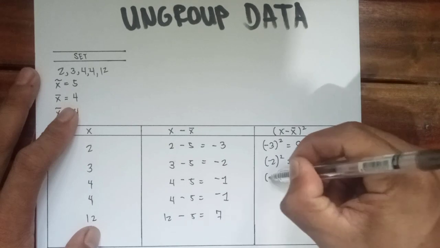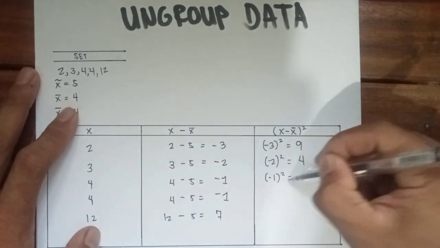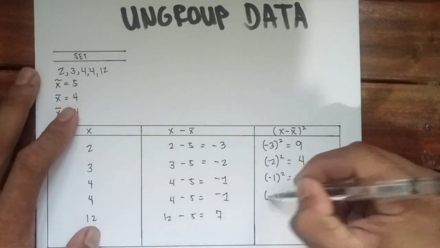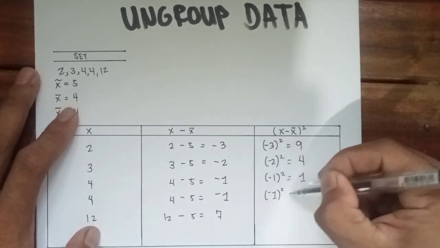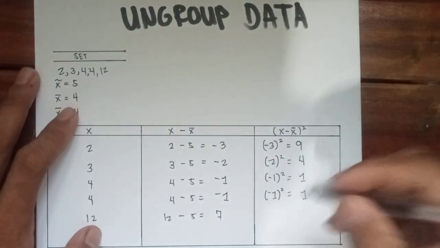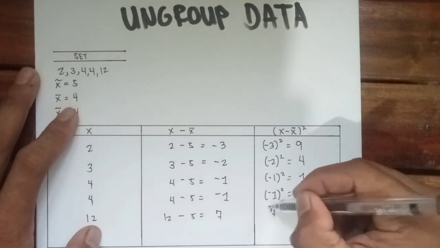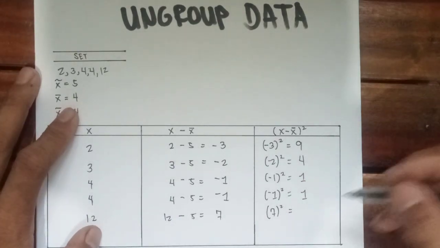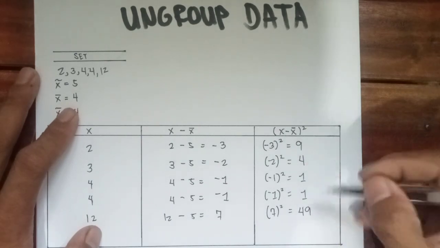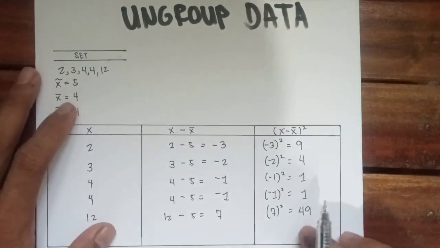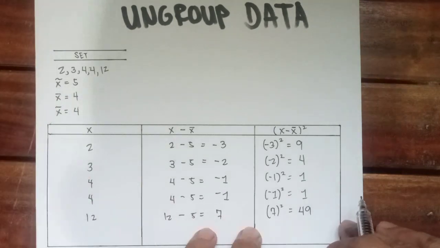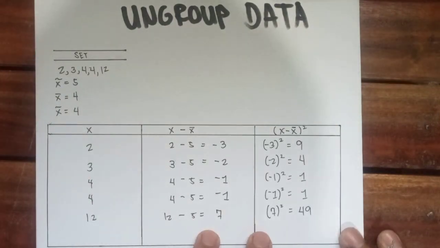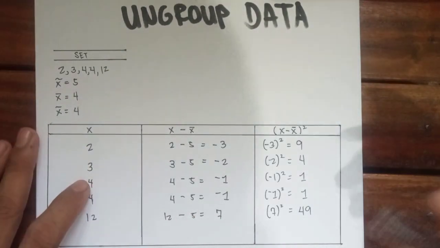And then, negative 1 squared is equivalent to 1. And then, negative 1 squared again is equivalent to 1. And then last, 7 squared is equivalent to 49. Diyan na po natin kukunin yung ating variance at saka standard deviation para masagot po natin.